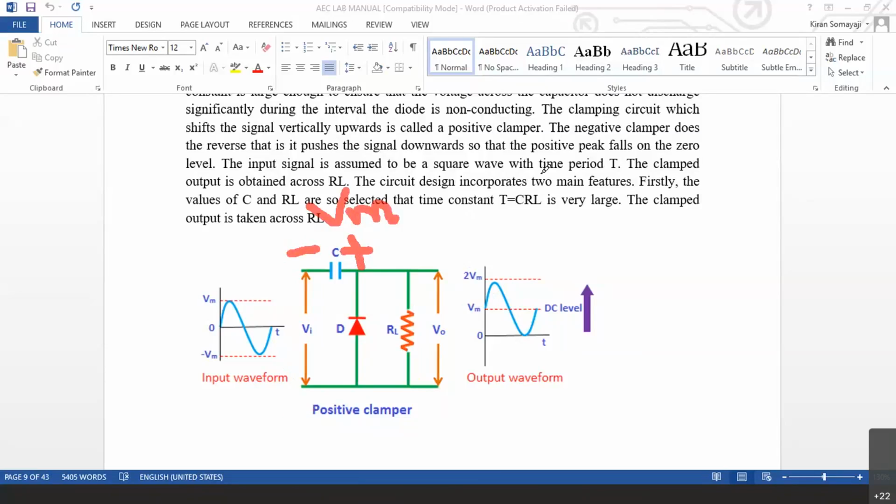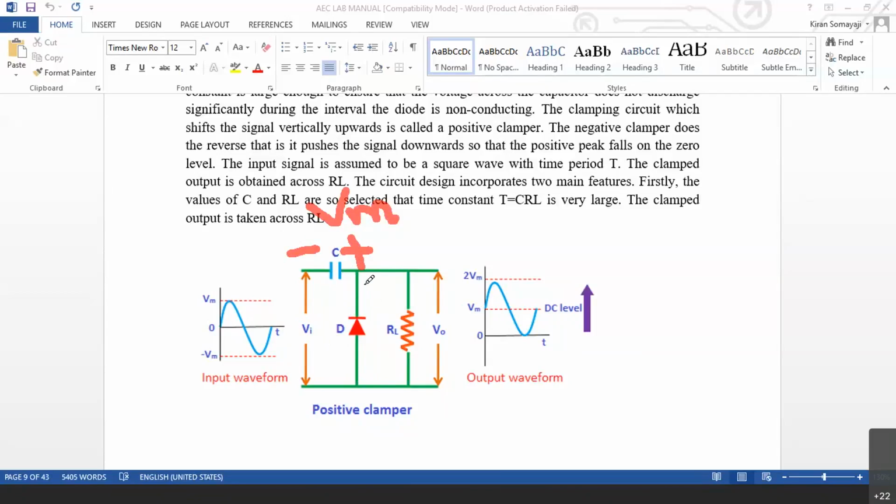Fine, I'll tell you the answer. The answer is, in the positive cycle, the capacitor cannot get charged heavily. Why? In the positive cycle, along with the capacitor, there is this resistor. So current goes in this way. But in the negative cycle, the diode has much lesser resistance. So all the voltage except this 0.7 volts, all the peak voltage will be across the capacitor.